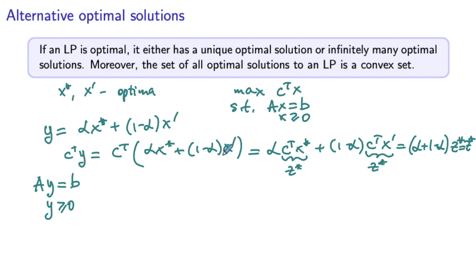We have previously shown that this set here is convex, and this means that any convex combination of 2 points from the set will also belong to the set. Therefore, we can claim the feasibility of y based on the convexity of the feasible set for our problem, which we already established before.